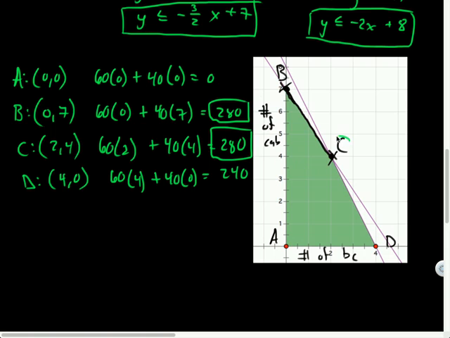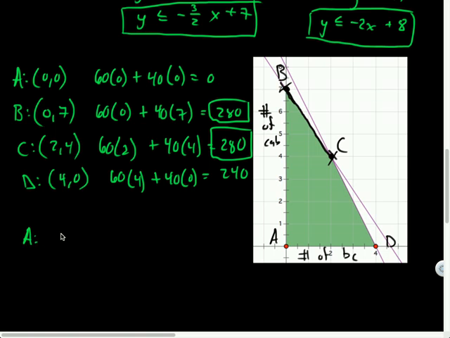Or someone might argue, hey, C is actually a better solution because maybe there's some unknown variables that we didn't consider, like customer demand, right? And maybe it does make sense to actually draw customers into your store or whatever by making both bookcases and cabinets. And maybe when they come by to buy a bookcase, they're like, hey, those cabinets are pretty nice too. And then like they'll buy both. Who knows, right? But you could kind of make arguments for either.